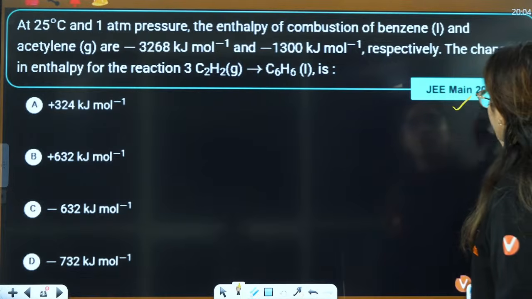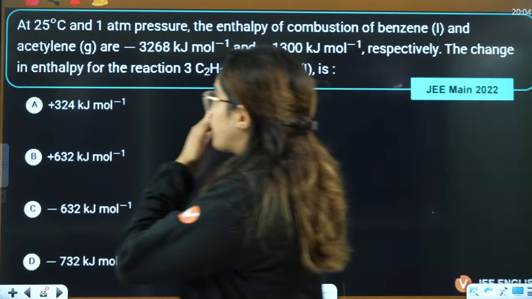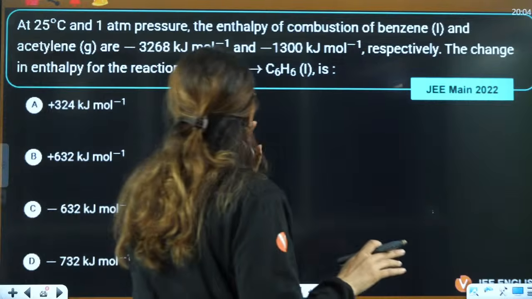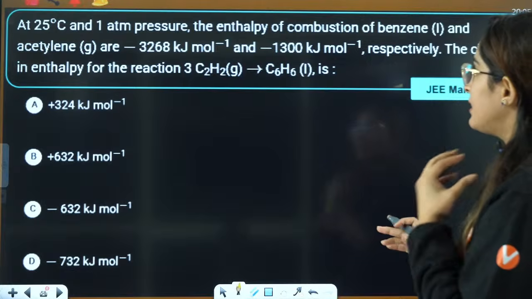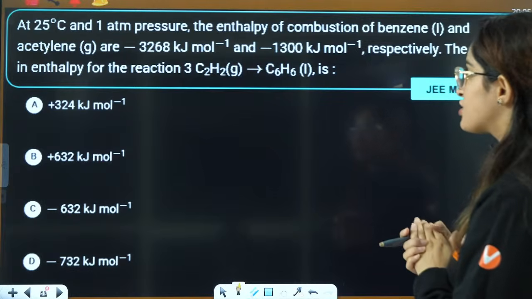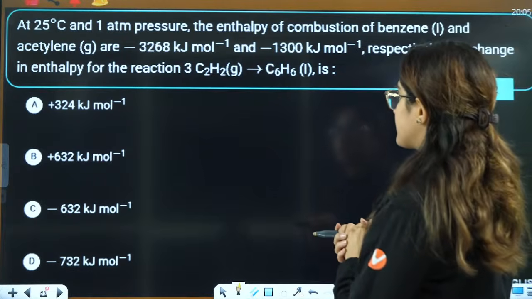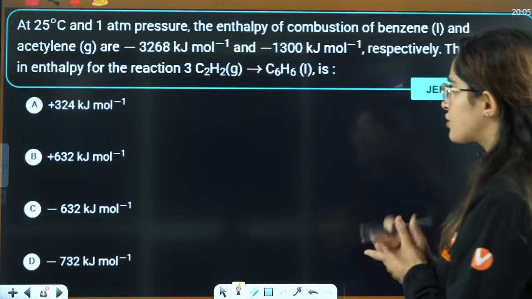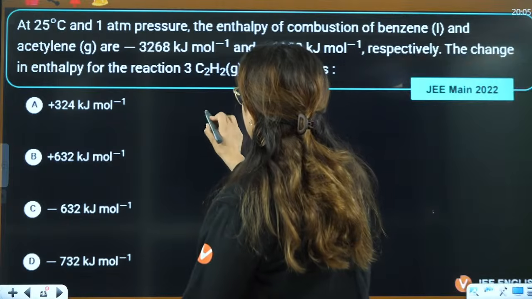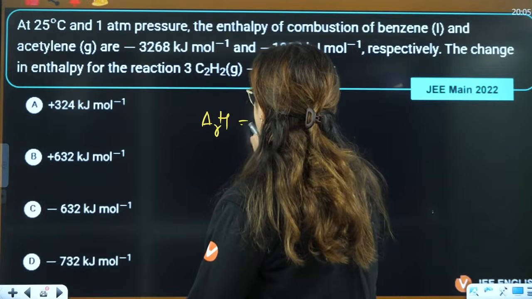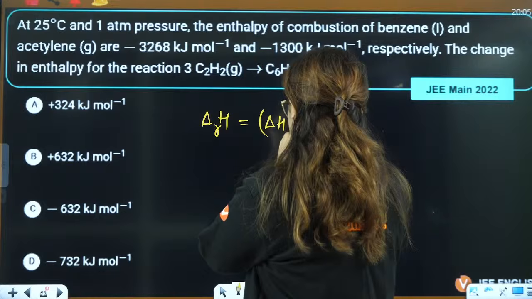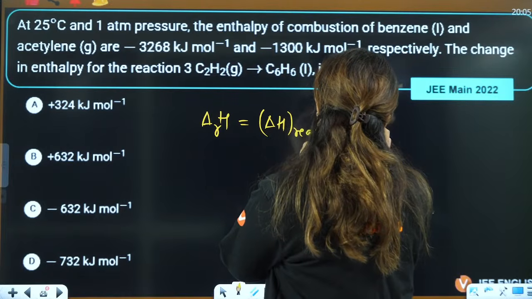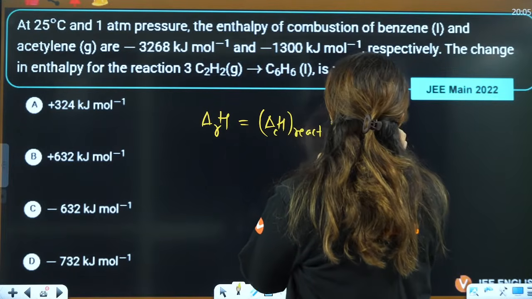JEE Mains 2022 question: at 25 degrees Celsius and 1 atmospheric pressure, the combustion enthalpies of benzene and acetylene are given respectively. Delta H of reaction is delta H combustion of reactant minus delta H combustion of product.